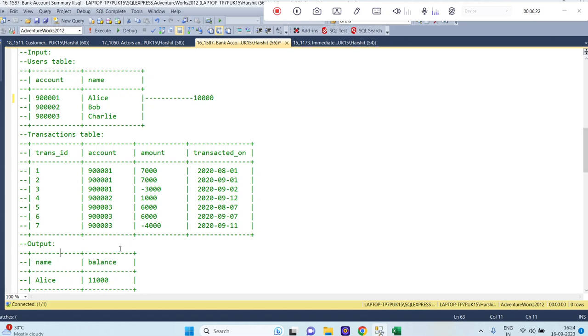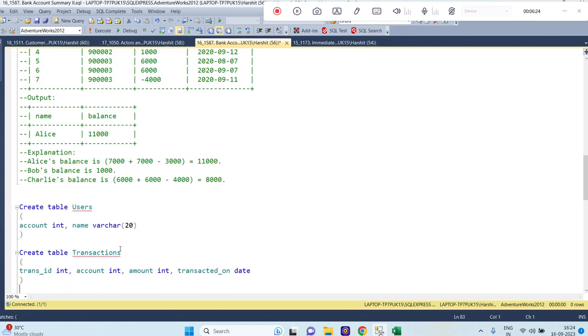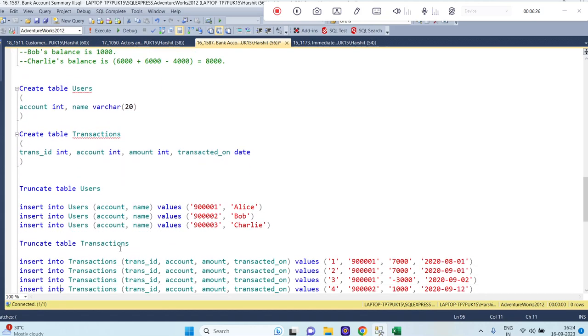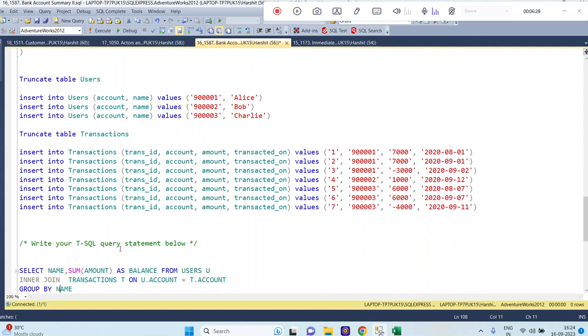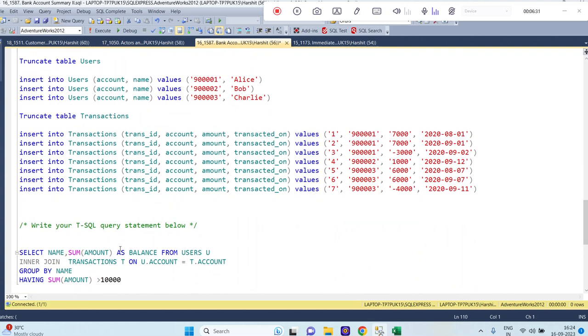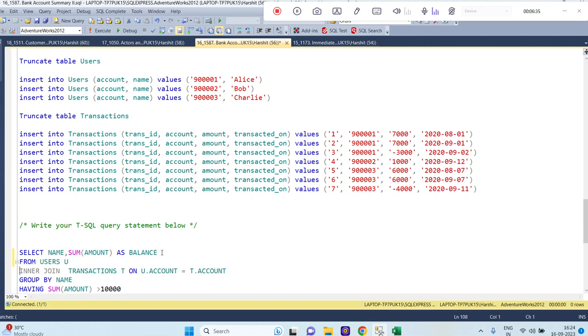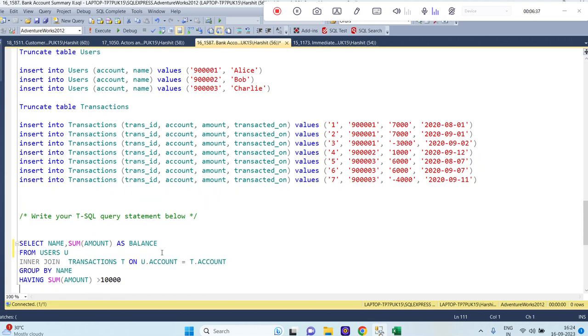So how can we identify this? I have created both the tables and inserted the data into them. Now we need to do a join between the users table and the transactions table, and we need to do a sum of amount with a group by name.